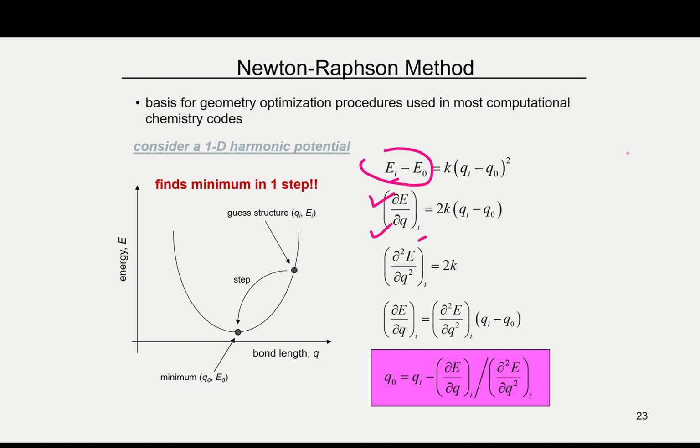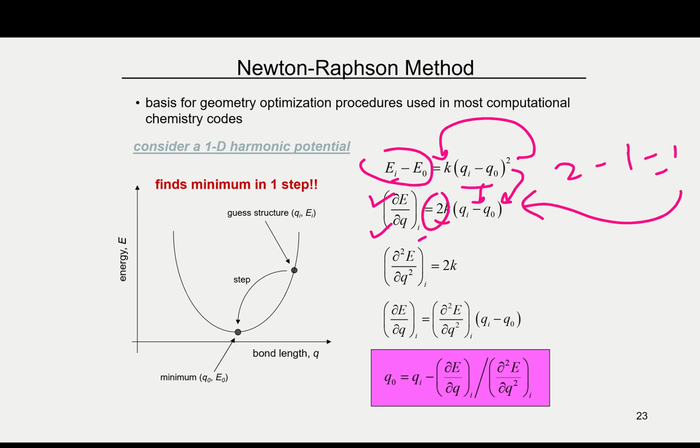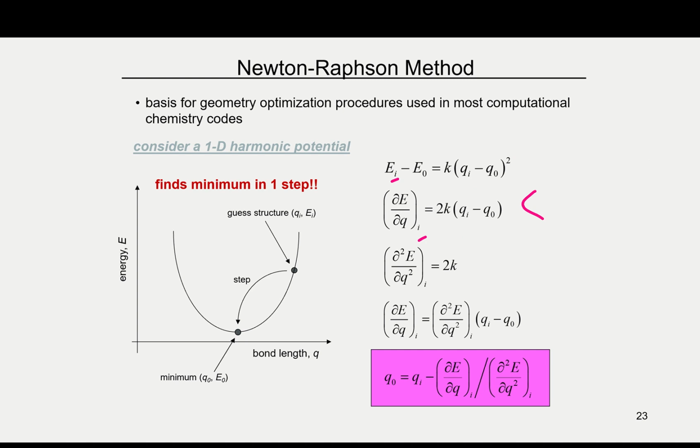The 2 will come down, and it becomes 2K times (Qi minus Q naught), and the power decreases by 1. It becomes 2 minus 1, so the power becomes 1, and the 2 comes as a coefficient here. So delta E divided by delta Qi is equal to 2K (Qi minus Q naught). Is it clear?